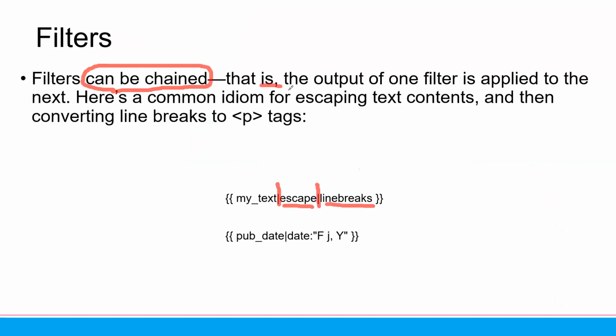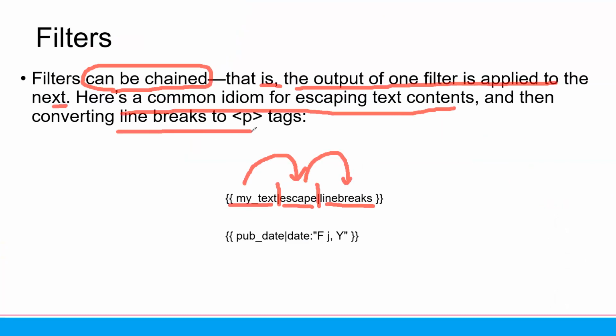That is, the output of one filter is applied to the next. So the variable my text will apply the escape, and then the result from the escape will be applied to the line breaks, and so on. This is a common idiom for escaping text content and then converting the line breaks.